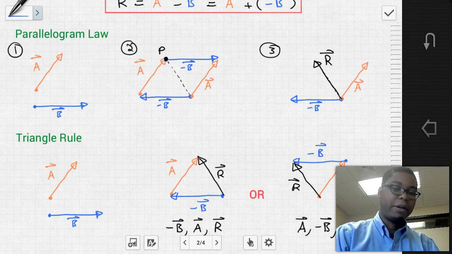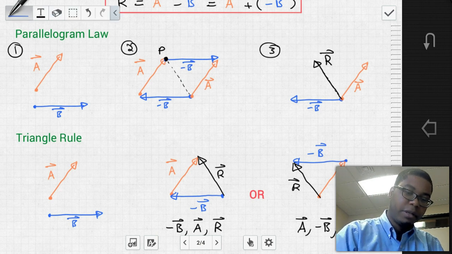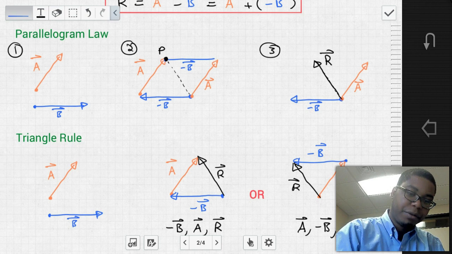With the parallelogram law, we have vector A and vector negative B. We make their start points coincident, so they both start at the same point. And then we create a parallelogram that has the same magnitudes on each side.